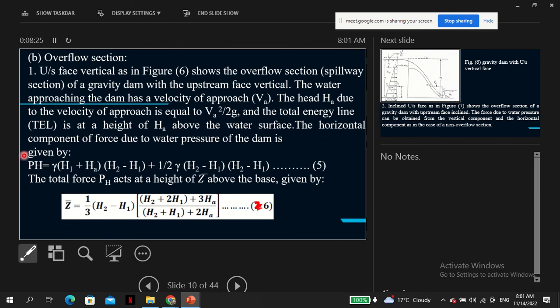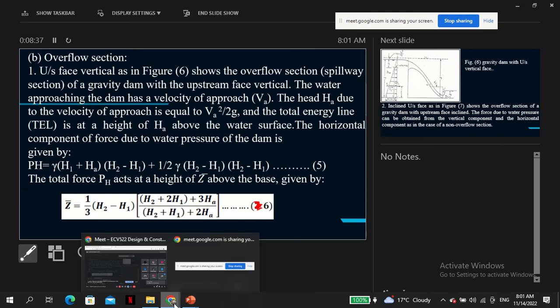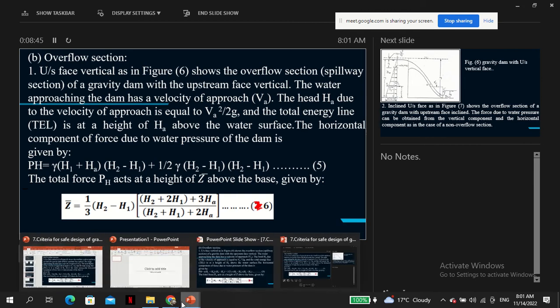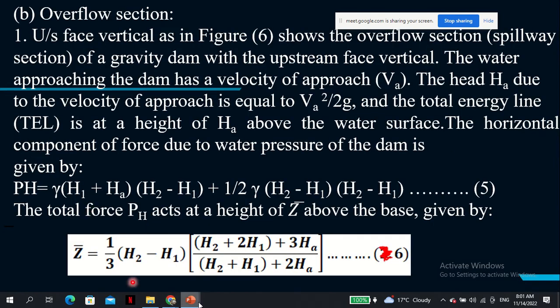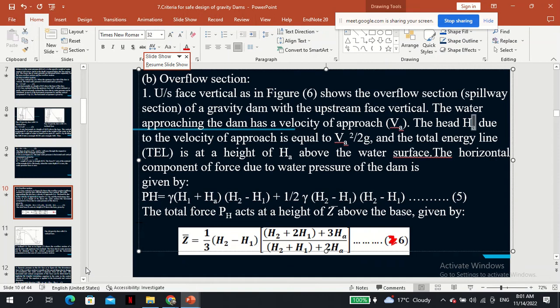The horizontal component of the force due to the pressure on the dam is given by, of course, this is again the water pressure diagram. Again, some issue with the notation, which we need to correct here.